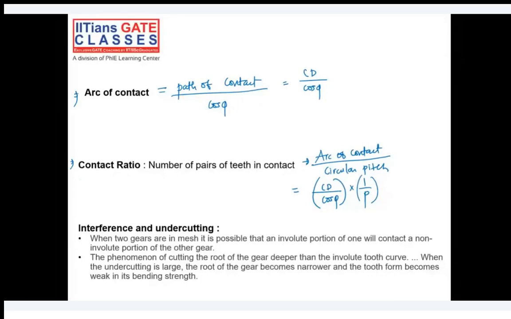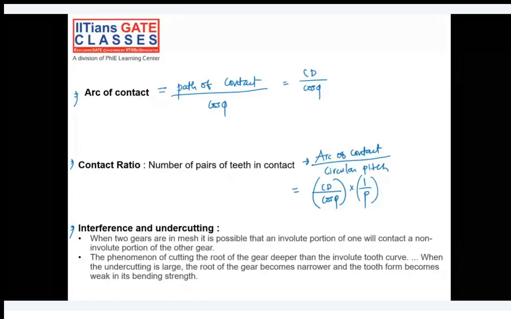This point I have already explained to you: interference and undercutting. What is interference? As I said, when two gears are in mesh with each other, it is possible that the involute portion of one will contact the non-involute portion of the other gear. Non-involute portion in the sense this portion in between is a non-involute portion, right?